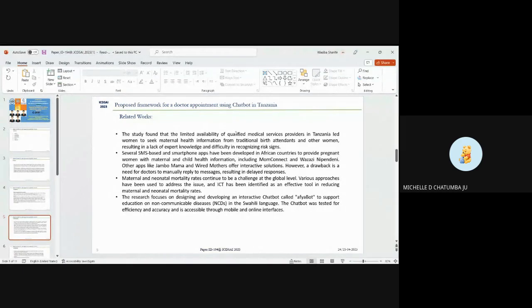The chatbot was tested for accuracy and efficiency and is accessible through mobile and online interfaces. It was integrated with Facebook Messenger and implemented using the PHP programming language and Dialogflow for NLP. It provides real-time information on NCDs and educates users on preventive, control and treatment measures.